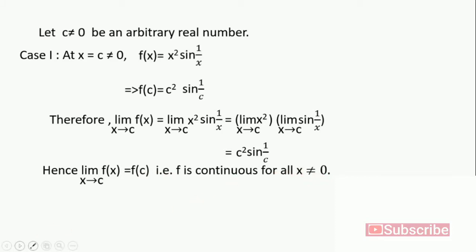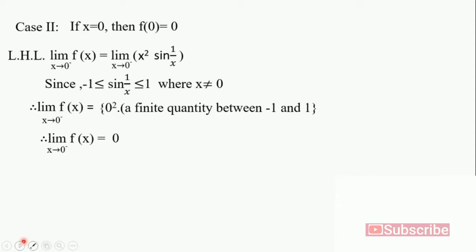Now we are left only to check x equal to 0. If x is equal to 0, then f(0) is equal to 0. Why is f(0) equal to 0? That is given. Now when x tends to 0 from the negative side, we have to use x square sine of 1 by x.